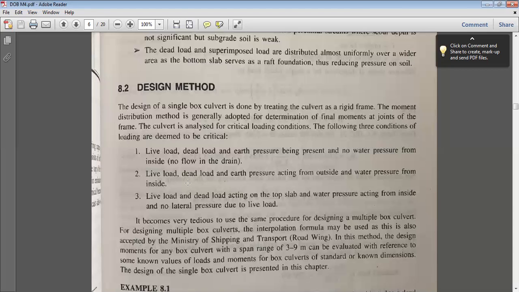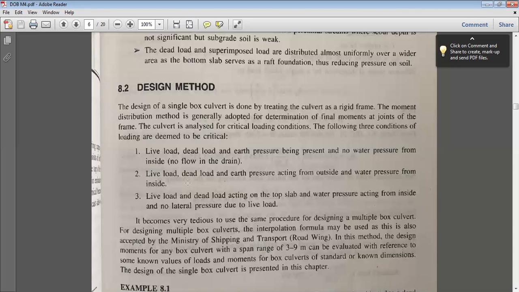So the first combination is live load, that is vehicle load, plus dead load and earth pressure being present and no water pressure from inside. In this case, what happens? Live load will be there, dead load will be there. There will be earth pressure externally on the side walls of the box culvert.